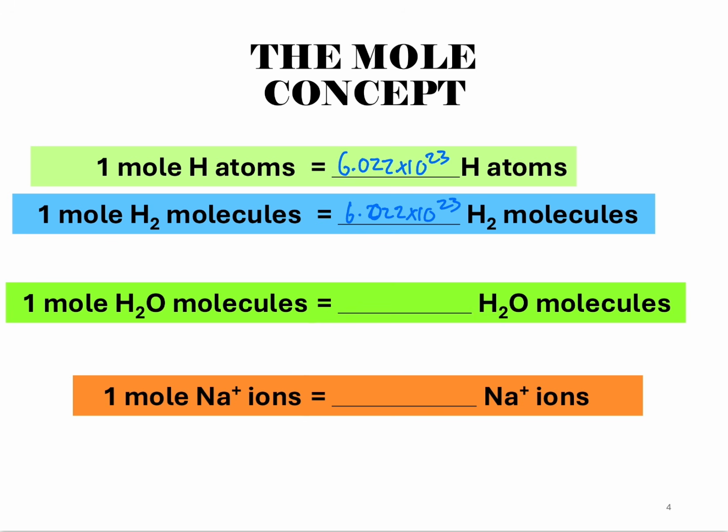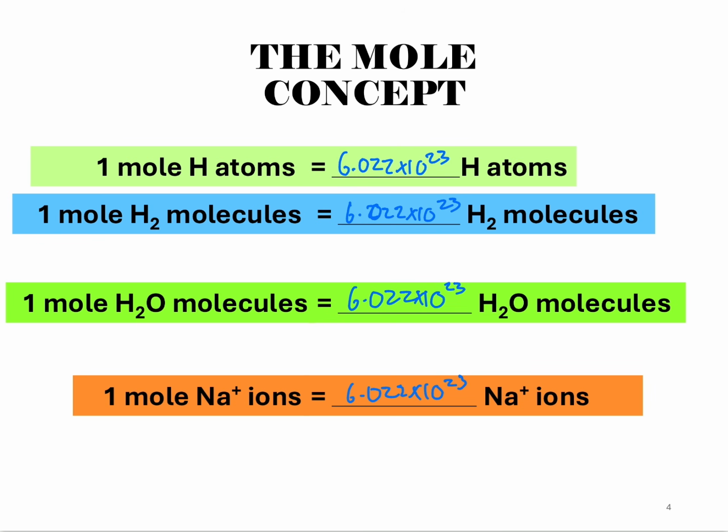If we have 1 mole of H2O molecules, then that means that we have 6.022 times 10 to the 23 water molecules. And if we have a mole of sodium ions, that means we have 6.022 times 10 to the 23 sodium ions, right? So we're using the mole because otherwise we'd be talking about an enormous number of these atoms, right?